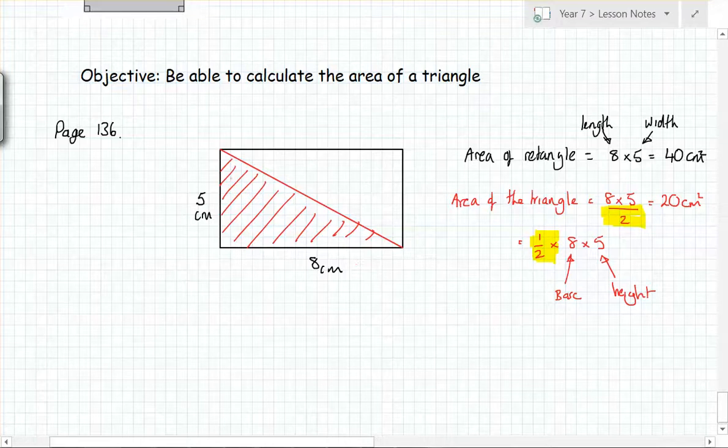Because the height, now it says in your book that it's the perpendicular height, right? And do you remember the name of the word? What perpendicular means? No? Anyone? Perpendicular means? Like slanted shape? No. At 90 degrees.